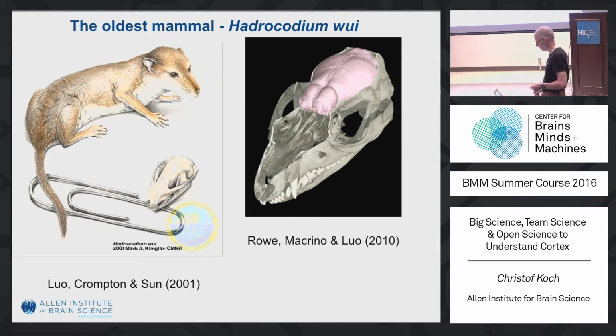Talking about evolution, this is the oldest mammal, at least the oldest mammal for which we have evidence, a skull. This is a tiny, mouse-like, rodent-like animal, Hadrocodium, found in China, and they did MRI scans in a beautiful science paper. You can see the earliest cortex was olfactory cortex, because the ecological niche 200 million years ago was at night.